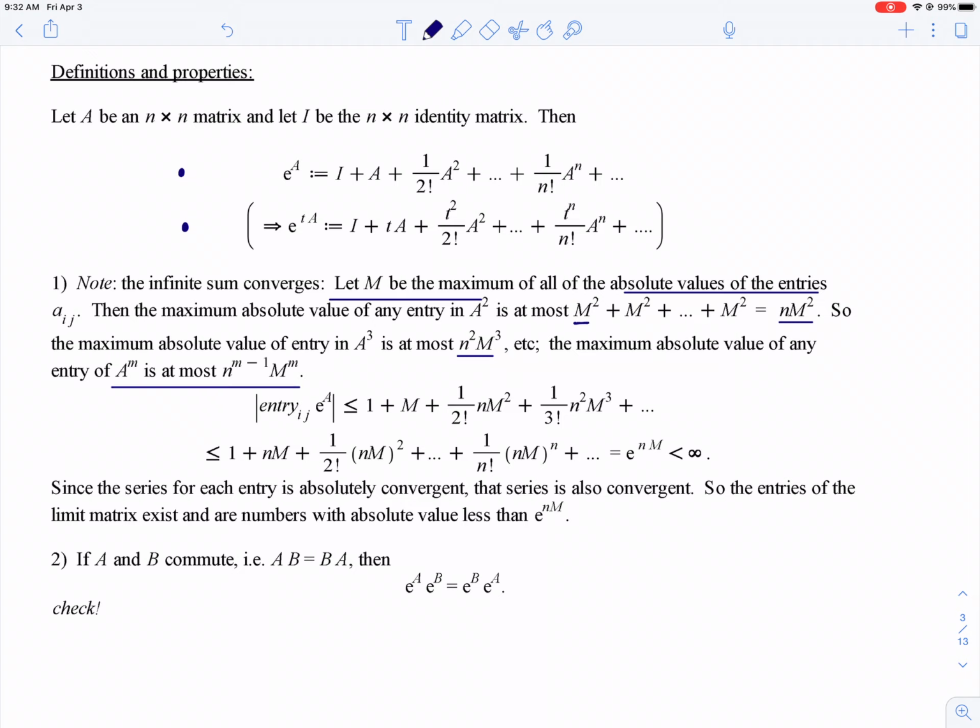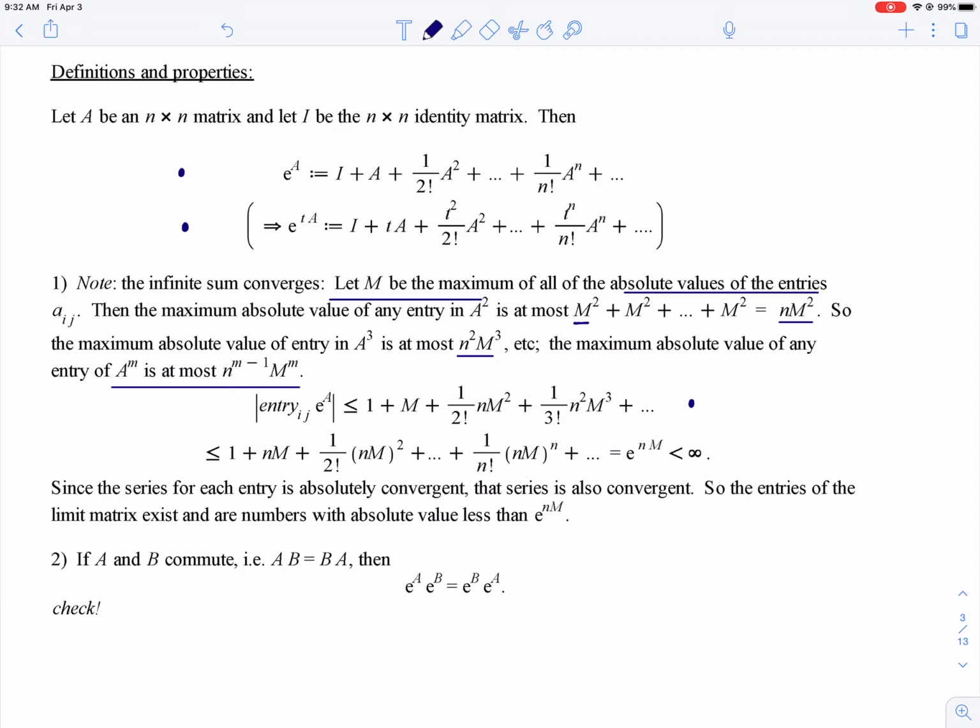And so if you check for absolute convergence of the ij entry of e to the A, you get these estimates just from the Taylor series for e to the A. And those estimates look pretty much like e to the nM.